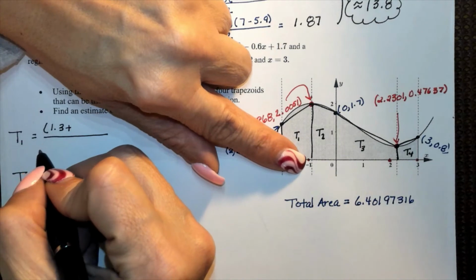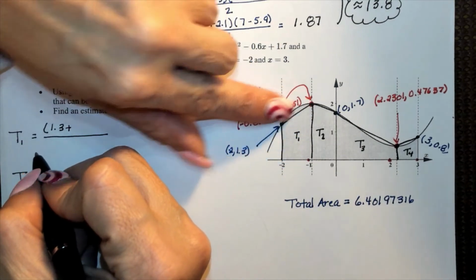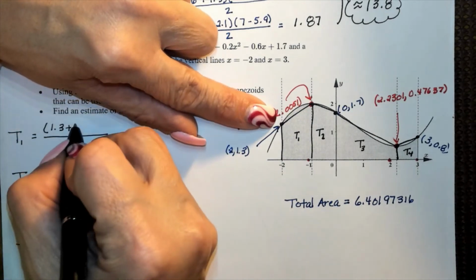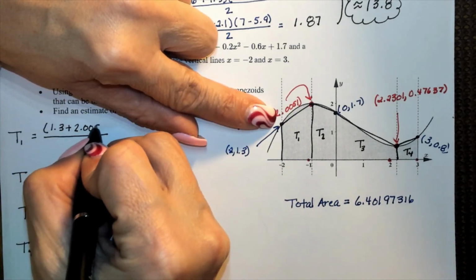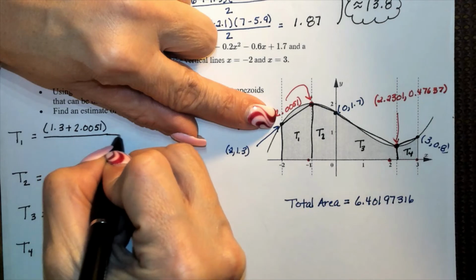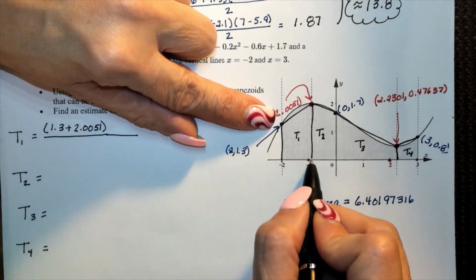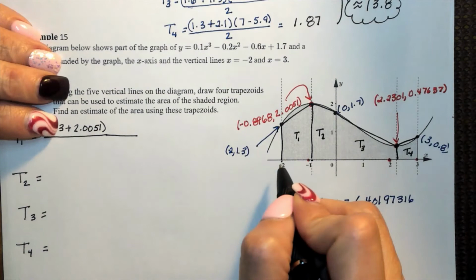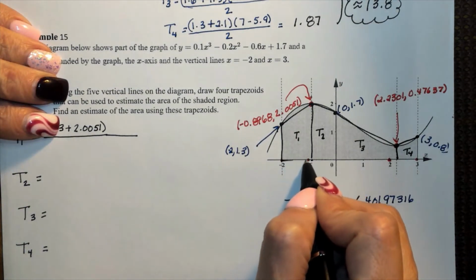Plus, I keep saying height, y'all. I hope y'all follow what I'm saying there. It's the side of the triangle. Is 2.0051. Now I need this distance from here. Okay, we got to be careful now so that we get the right distance in there, because we want the length of here to that right there.